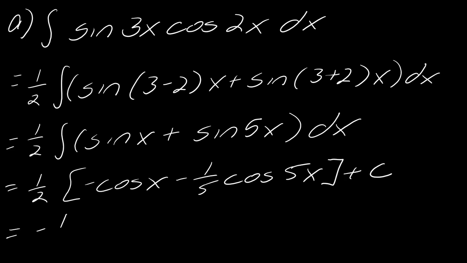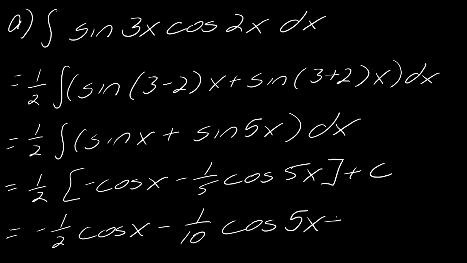So in the end, I've got negative 1/2 cosine x minus 1/10 cosine 5x plus c. So the only way you can do these is by knowing those identities. That's it. And once you know them, it's much easier. But this problem would honestly feel impossible if you didn't know those identities.